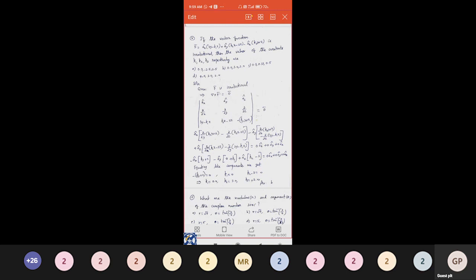And then differentiation of k2 x minus 2z with respect to z partially: k2 x becomes 0 and minus 2z becomes minus 2. Already I have a negative, so it becomes plus 2. So it is minus k3 plus 2.